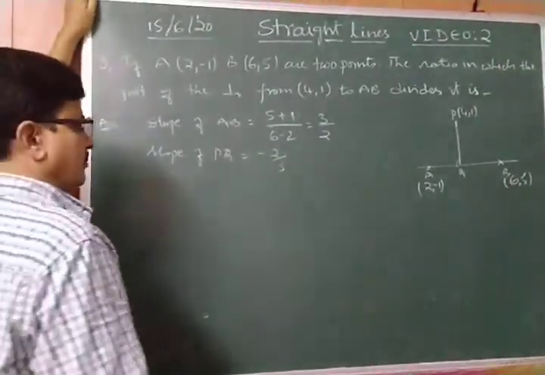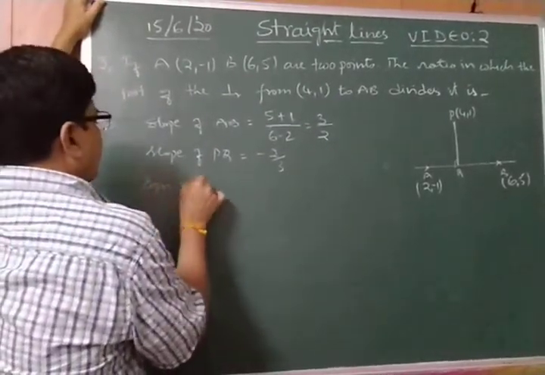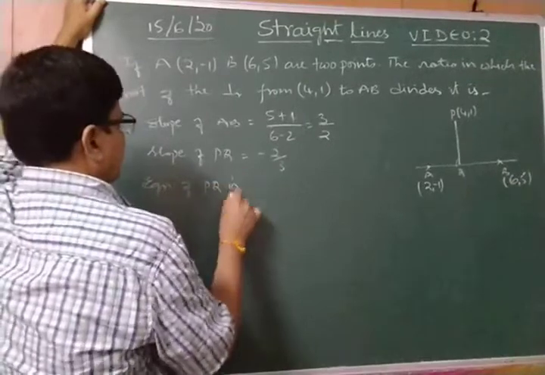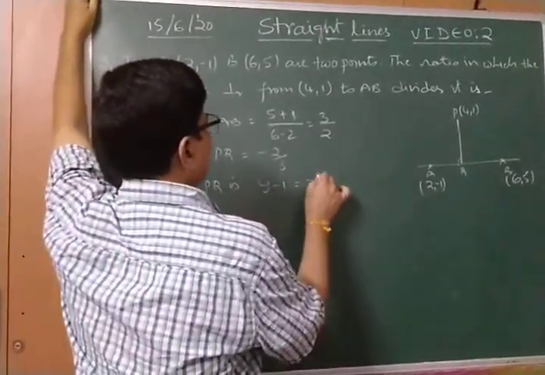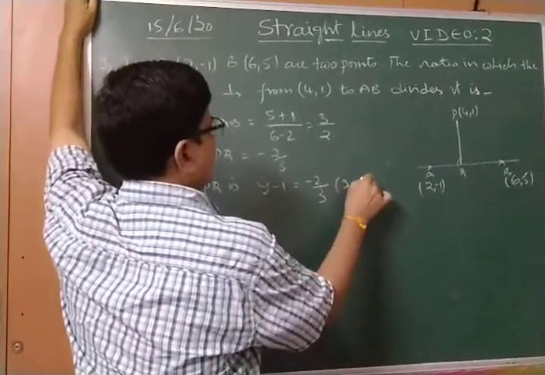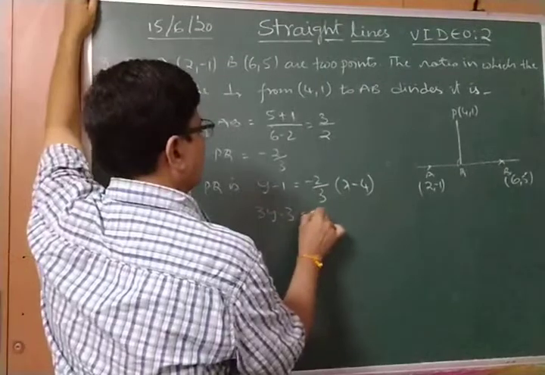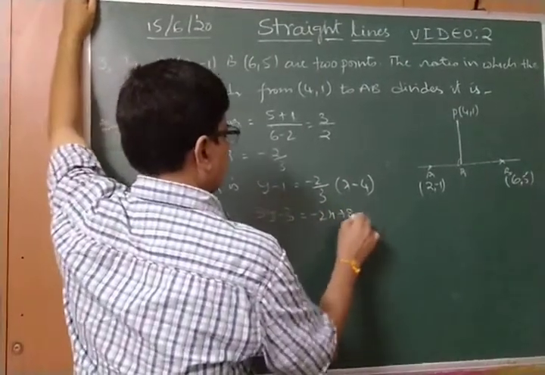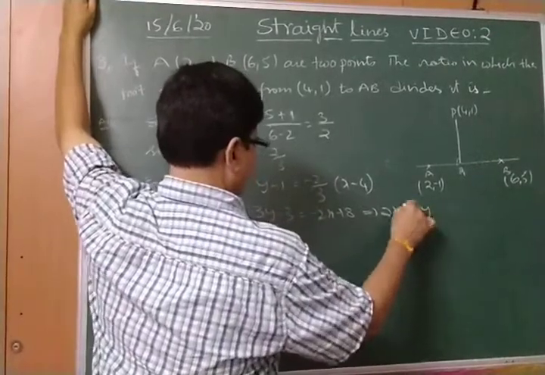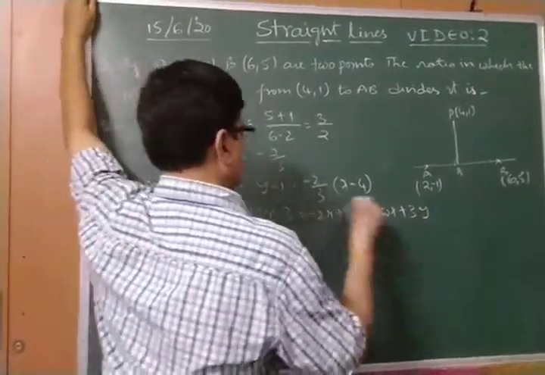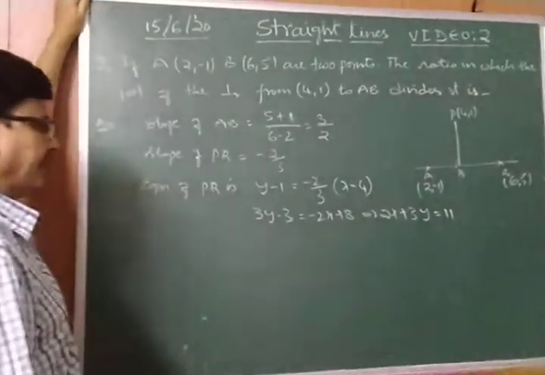The equation of PQ is y minus 1 is equal to minus 2 by 3 into (x minus 4). Taking LCM, 3y minus 3 is equal to minus 2x plus 8. So 2x plus 3y is equal to 11. That is the line PQ.